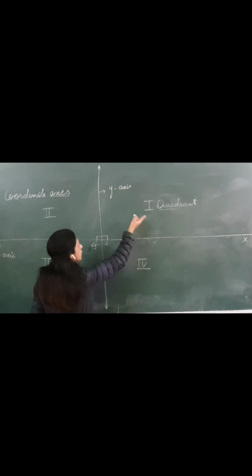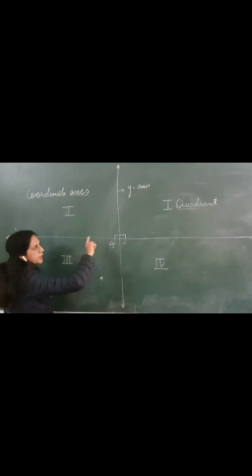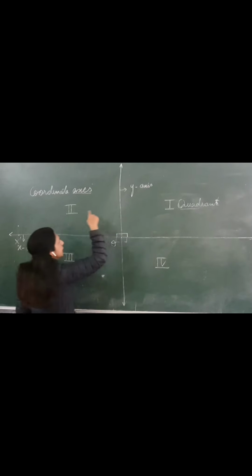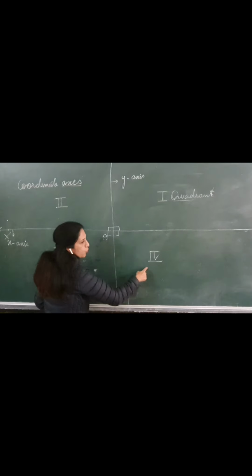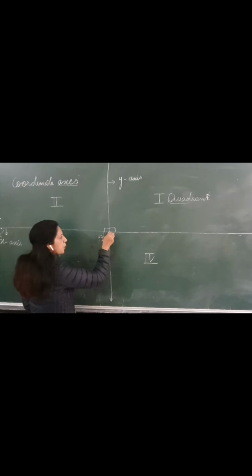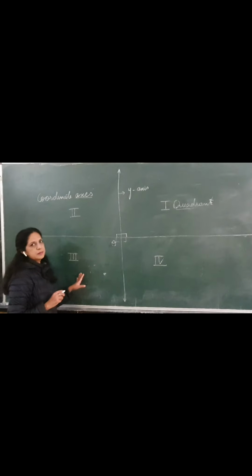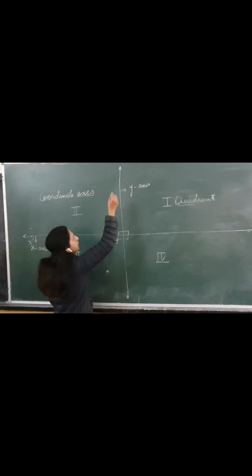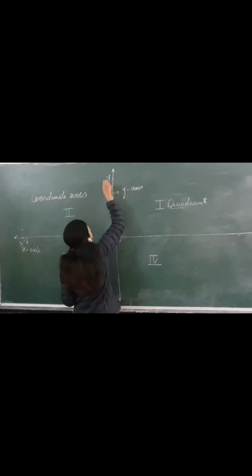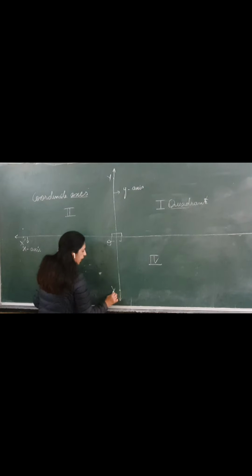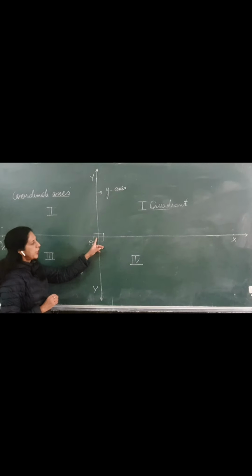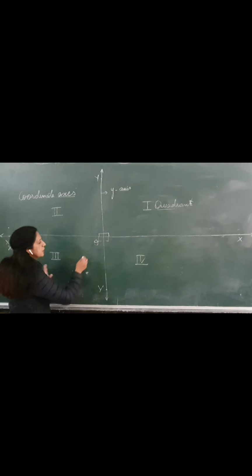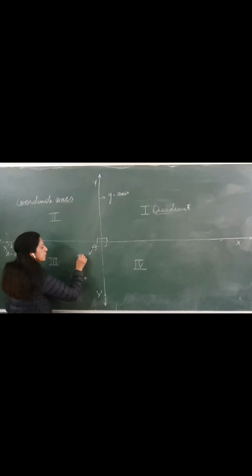Repeating again, moving anti-clockwise, we label first quadrant, second quadrant, third quadrant and fourth quadrant. The y-axis is labeled as y', and the point where these two axes intersect each other is called the origin.